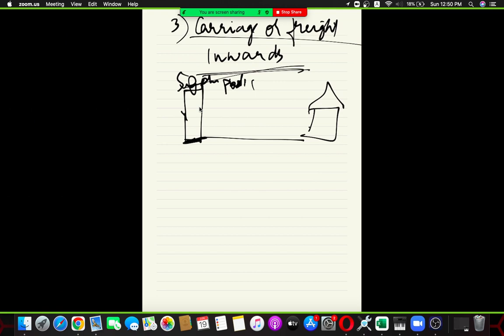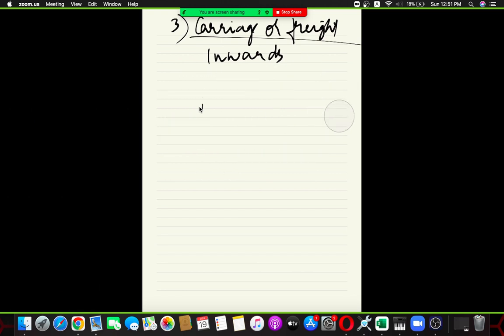The raw materials are in this godown, you have to put them in a truck, and this truck should go and reach your premises. This transportation involved is called carriage or freight inwards. That is the transportation, the goods are coming in, the carriage is coming in.